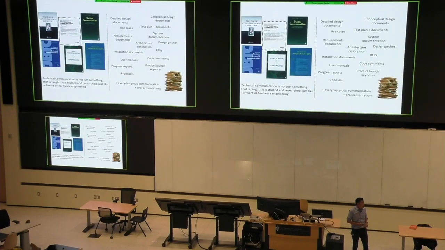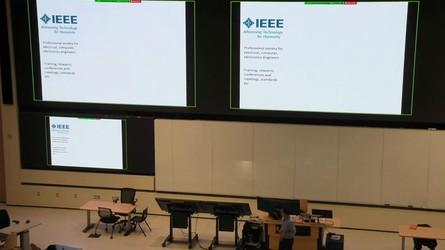Okay, now engineers have themselves acknowledged that this is important. So how many of you know about the IEEE? How many of you are members? Student members? Okay. Well, the IEEE is a really important organization that you should know about, right?